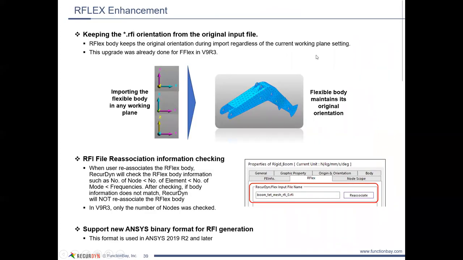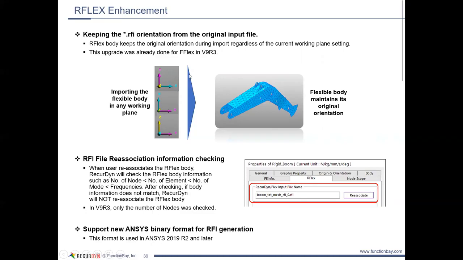Okay, another RFlex enhancement is that, with FFlex in the last release, we added the same type of enhancement. So last release was FFlex, this release is RFlex. And what the enhancement is that when you import a body, it used to try to infer the orientation by looking at what orientation you were in.